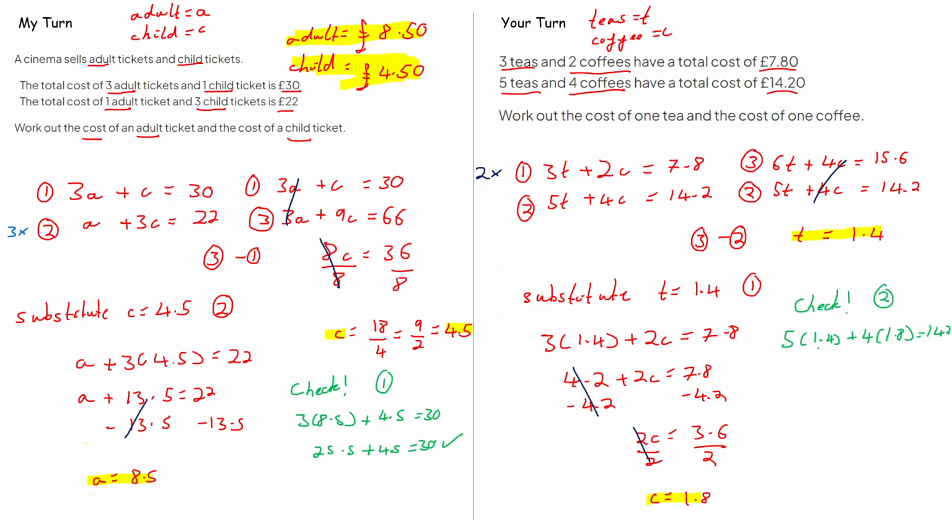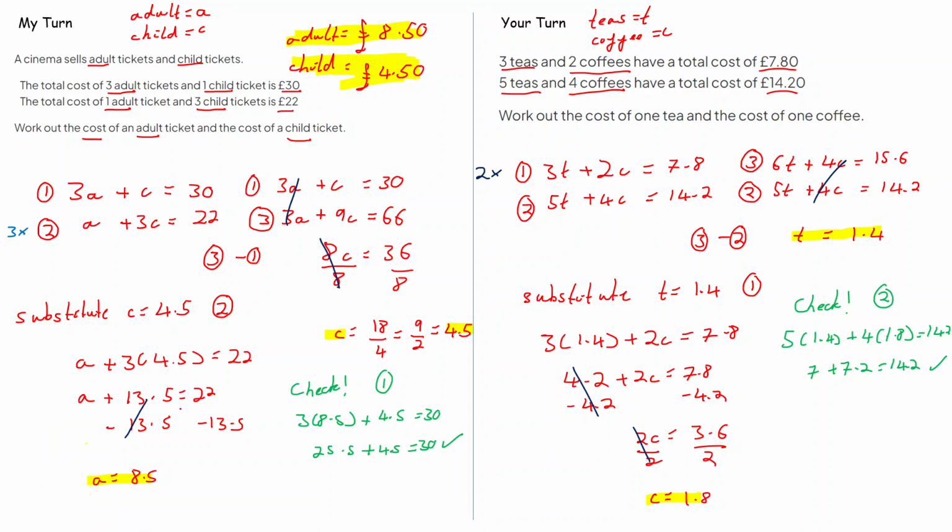So 5 by 1.4 is equal to 7, because 10 times 1.4 is 14, half it is 7. 4 times 1.8 is equal to 7.2. And indeed, that equals 14.2. That is good. So correct, my values are correct.